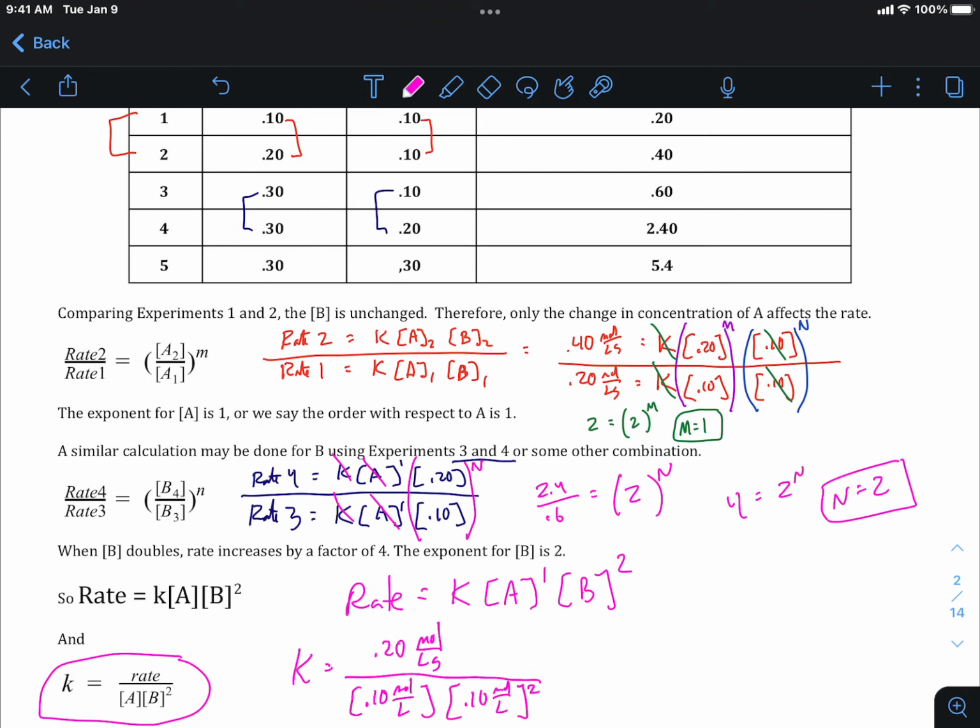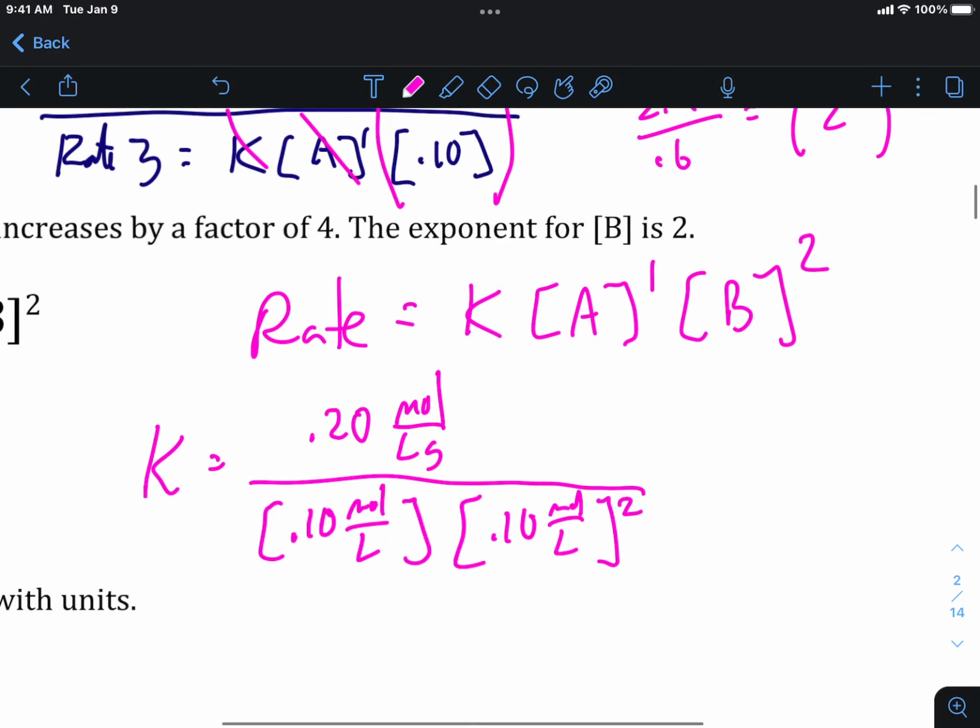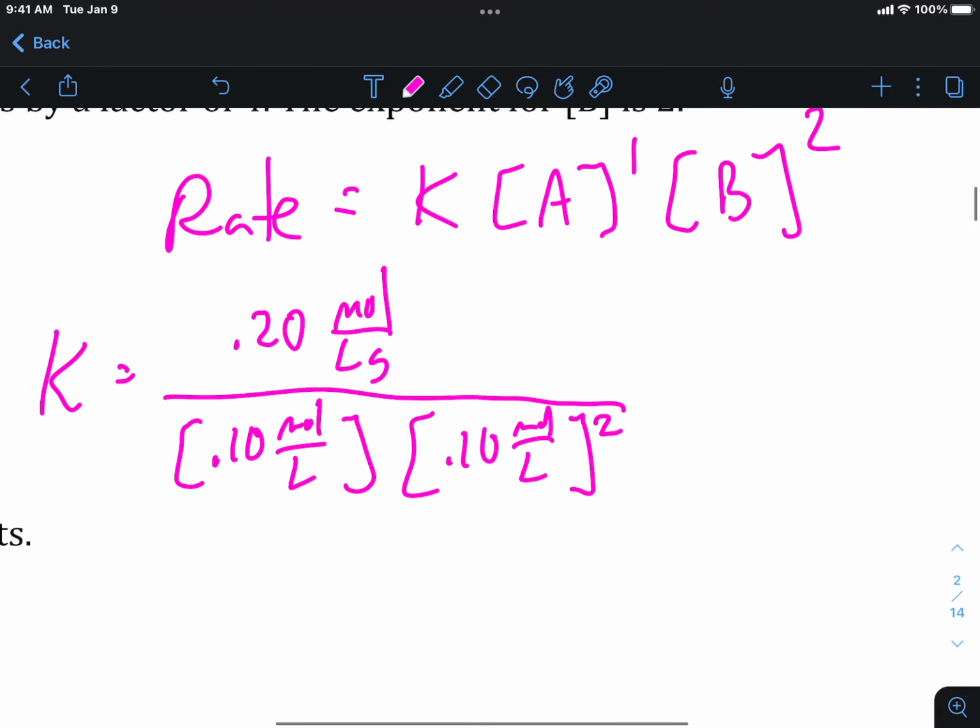The order is 2. All right, so 0.2 over 0.1 is 2, and then 2 divided by 0.01 is going to be 200, so the value is going to be 200, but we have to resolve the units.